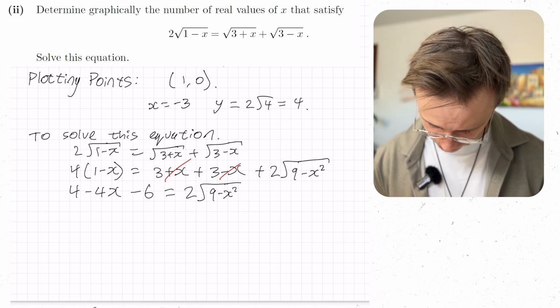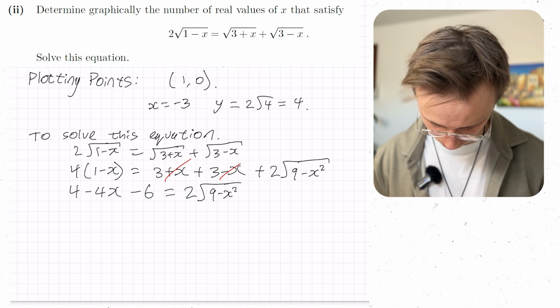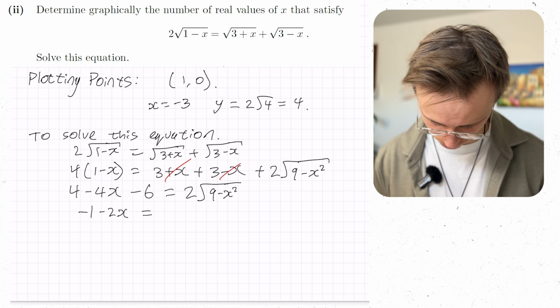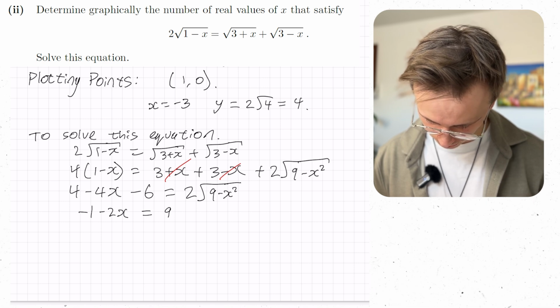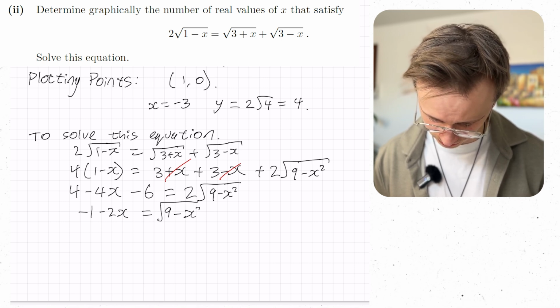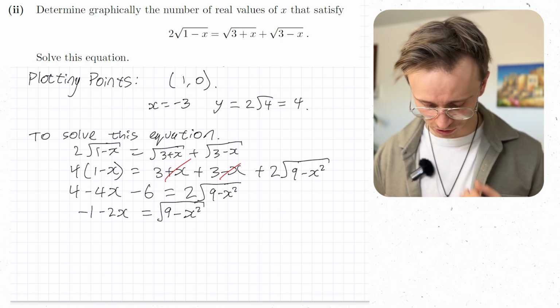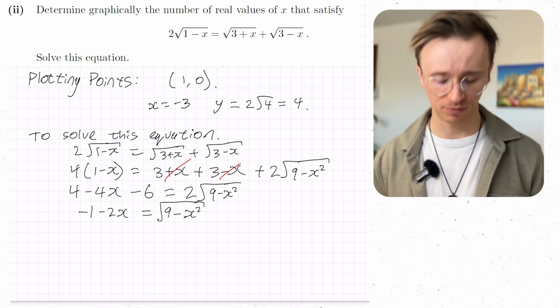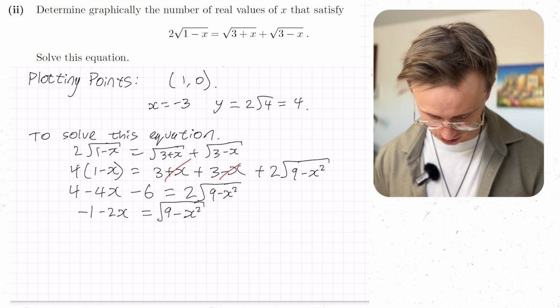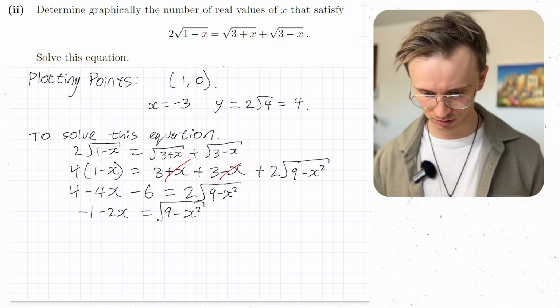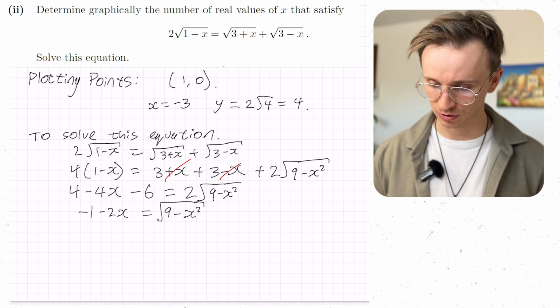So that gives me, divided by 2, minus 1 minus 2x equals square root 9 minus x squared. Okay. So, oh yeah, the left-hand side can be positive as long as x is less than minus a half, which is the region where my solution is, so that's true, that's good.